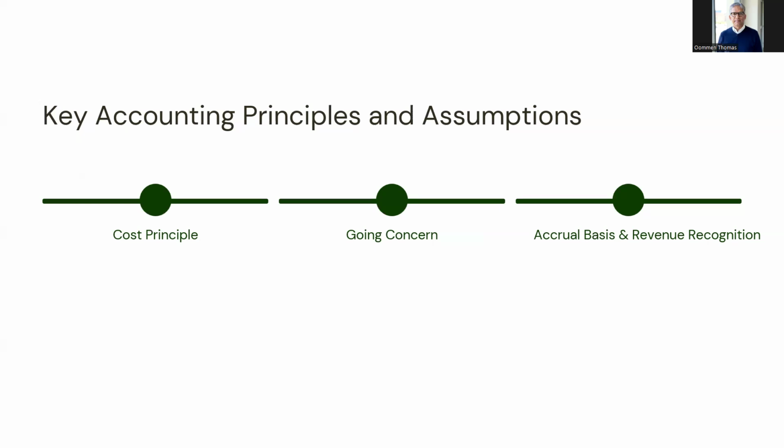Accrual accounting is a method that recognizes revenues when earned and expenses when incurred, regardless of when cash is exchanged. This provides a more accurate and comprehensive view of a company's financial performance and position compared to cash-based accounting, which only records transactions when cash changes hands.